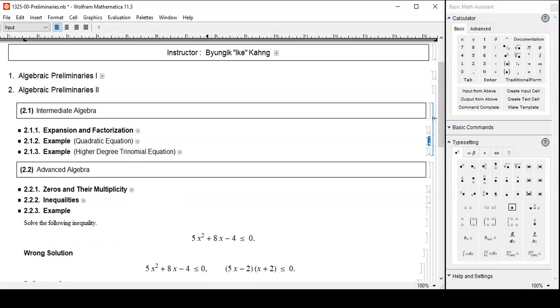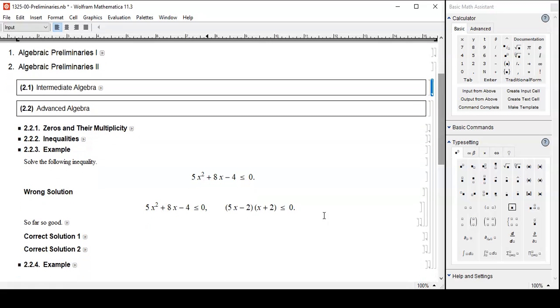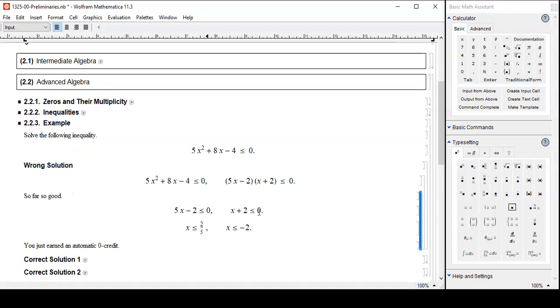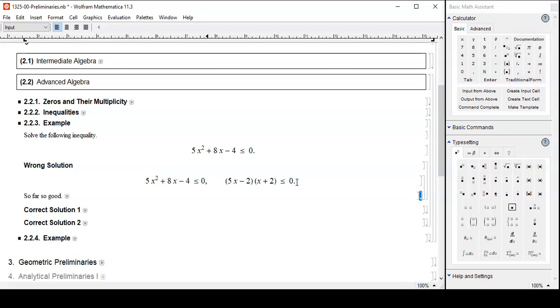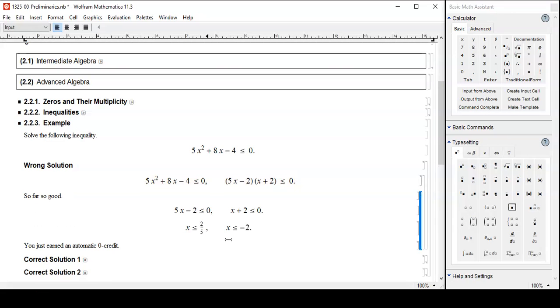I'm just recycling that factorization over and over again. So here you go. And then from here, I see this a lot. So that we have that, and you just earned an automatic 0 credit. Now your job is to figure out what went wrong. I mean, I explicitly said so far so good, so there's nothing wrong here. Now what happened here so that you ended up with 0 credit?